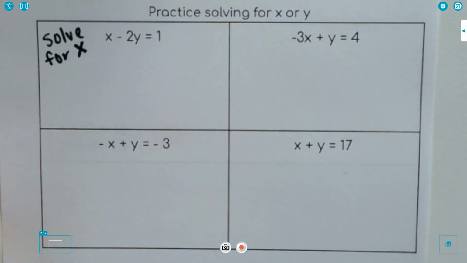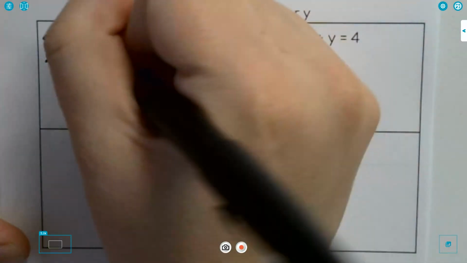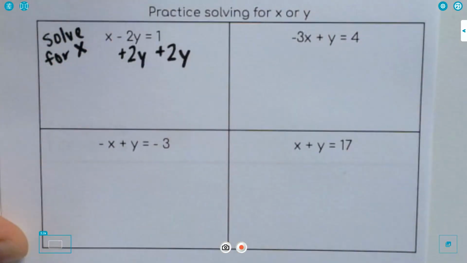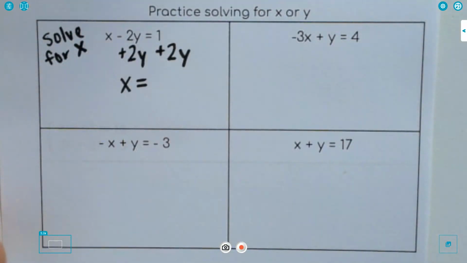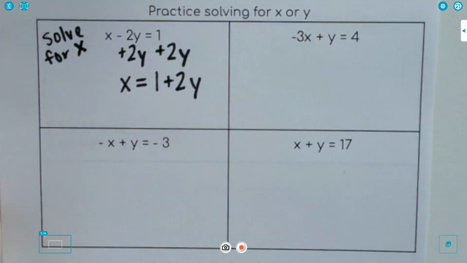Then we are going to go ahead and do that. We want to get rid of the minus 2y, so we're going to add 2y to both sides. We have x on the left side of our equation, and on the right side, we have 1 plus 2y. That is not 3y because the 1 doesn't have a y with it.